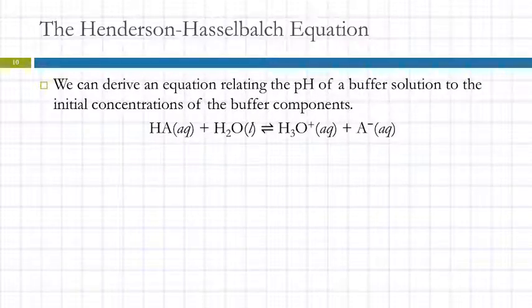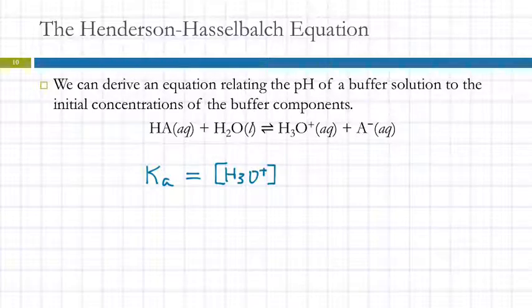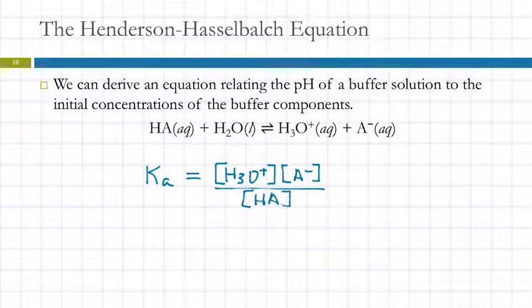And we know that Ka is going to be equal to hydronium ion concentration times the ion concentration here, the conjugate base, divided by the concentration of the acid. Okay with that?